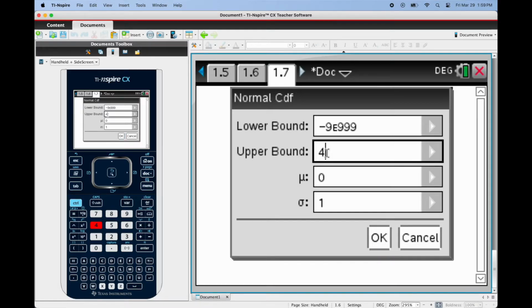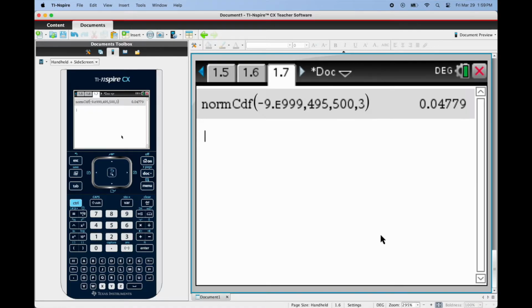Upper bound, 495. This is our mean, and our standard deviation was 3. So it looks like roughly 0.04779, or roughly 4.8% of the bags are underweight.